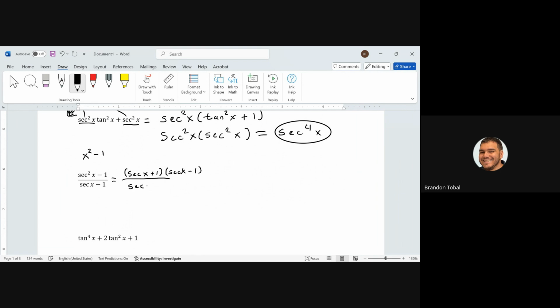Now, because I see a secant x minus 1 on both top and bottom being exactly the same, it's no longer squared, I could cross this out, which means the most simple thing I could rewrite this as is secant x plus 1. I wish I could say you could do that. This is the hard part about this section.